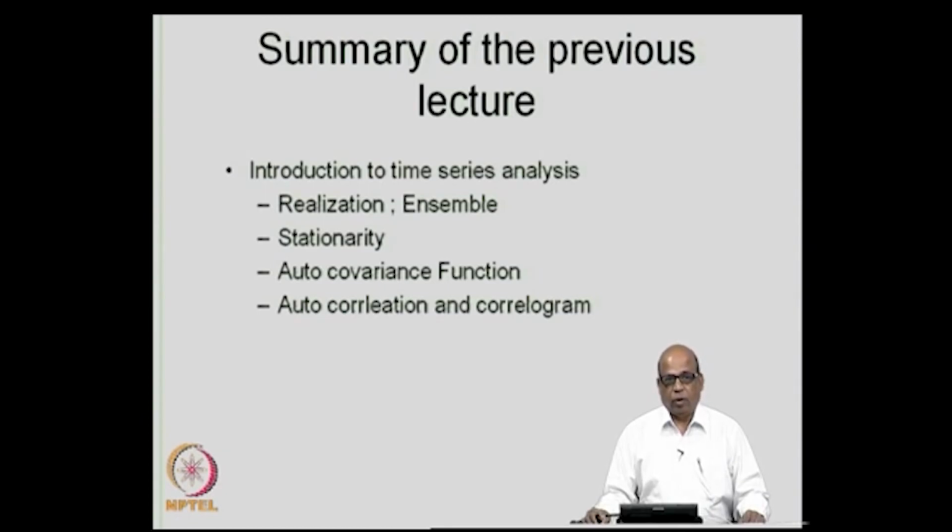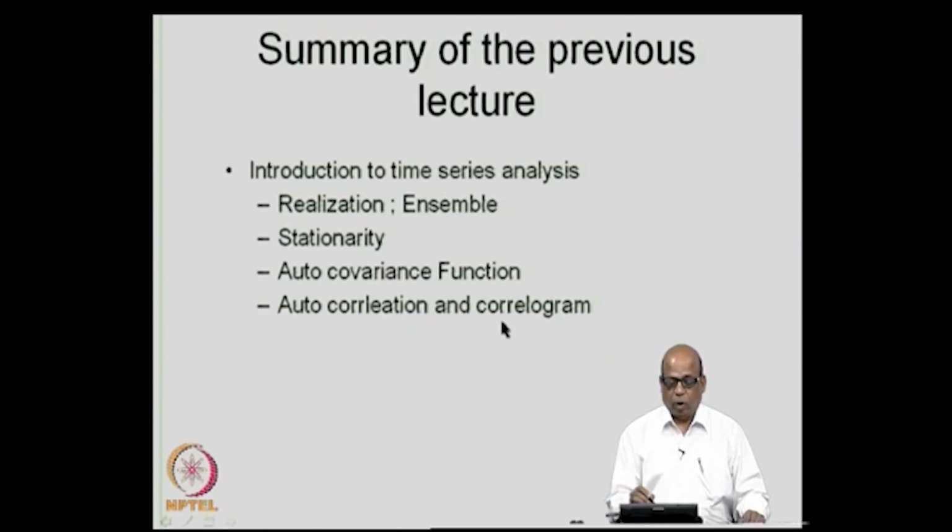Then we introduced the autocovariance function and the autocorrelation and correlogram. Correlogram is also called the autocorrelation function. We plot rho k, which is the autocorrelation at lag k, with k on the x axis.